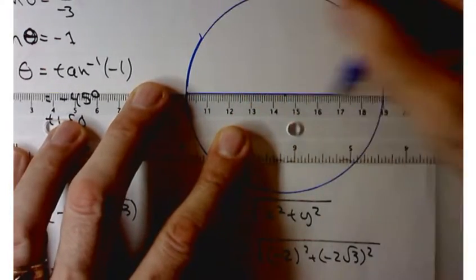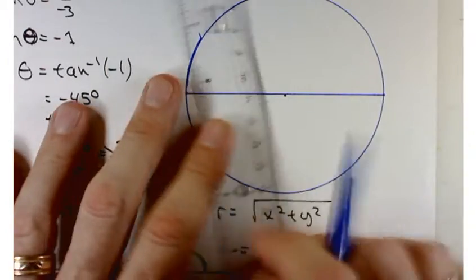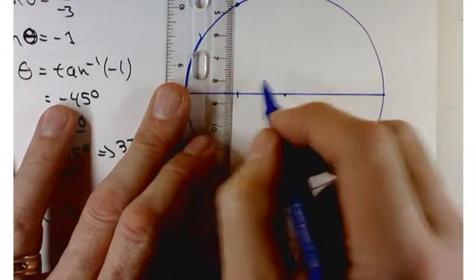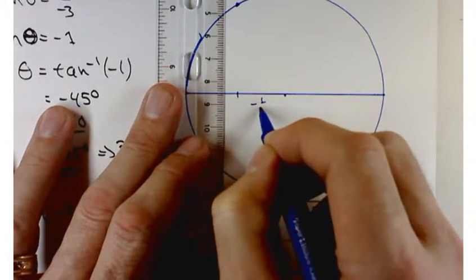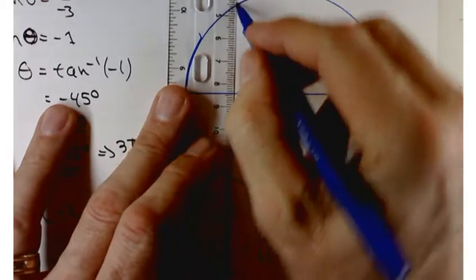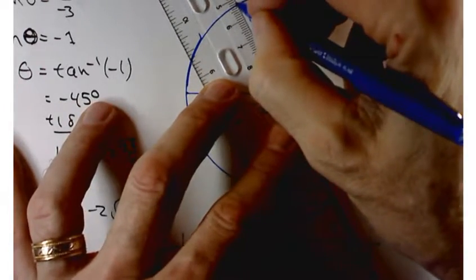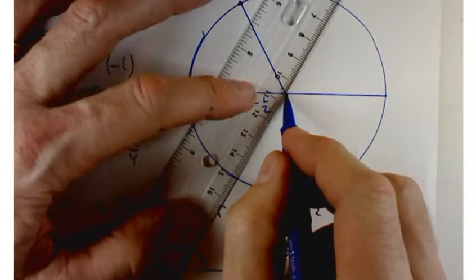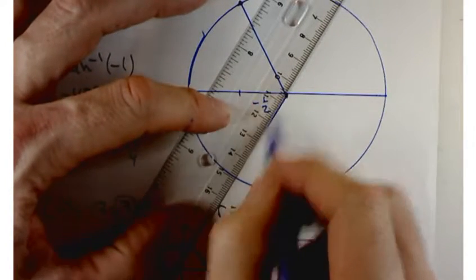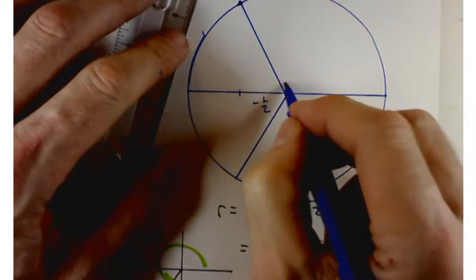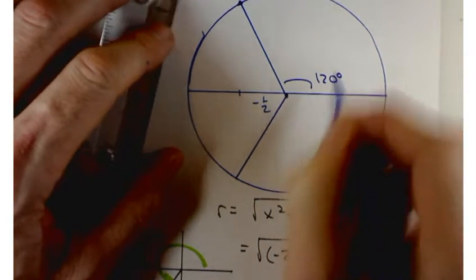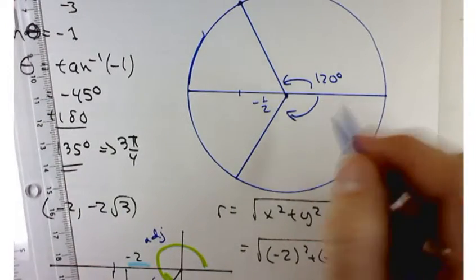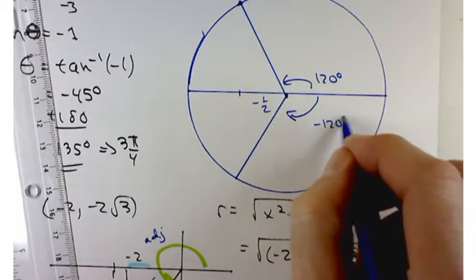What we found is that the angle with an x-coordinate of negative 1/2 is up here. It's at 120 degrees. But I want this angle down here in the third quadrant. If this is 120 degrees this way, that's 120 degrees the other way, so minus 120.